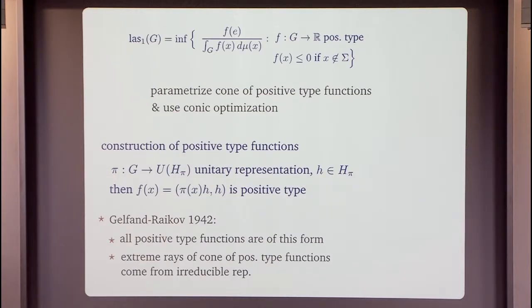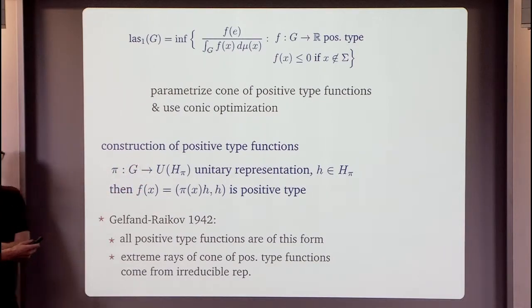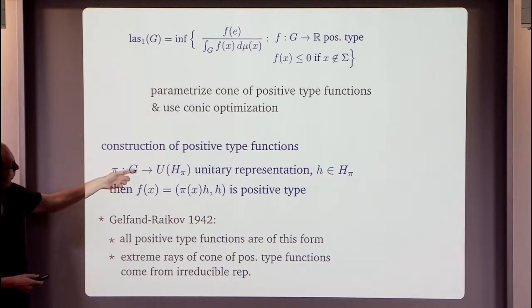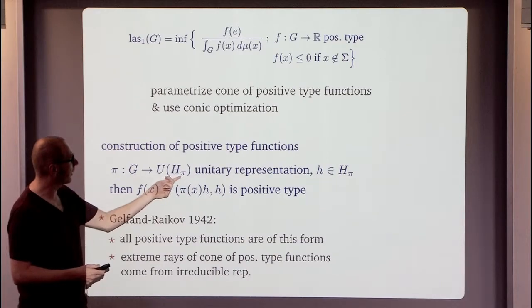Okay, and then we use some classics of abstract harmonic analysis to say how these positive type functions look. They are very much connected to unitary representations of the group. So how does it work? I can construct a positive type function when I have a unitary representation of the group. So pi is a unitary representation, a homomorphism from G to the unitary group over some Hilbert space H pi.